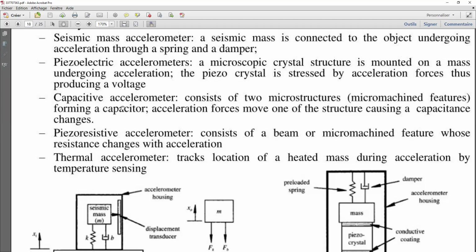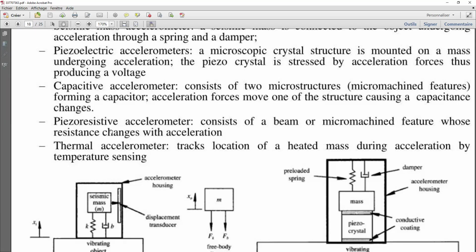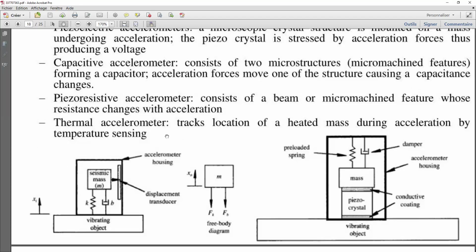Capacitive accelerometer consists of two microstructures, micro-machined features, forming a capacitor. Acceleration forces move one of the structures, causing the capacitance to change. Piezoresistive accelerometer consists of a beam or micro-machined feature whose resistance changes with acceleration. Thermal accelerometer tracks the location of a heated mass during acceleration using temperature sensors.